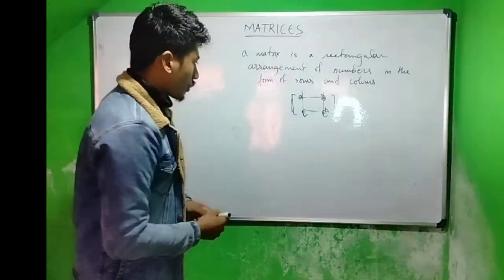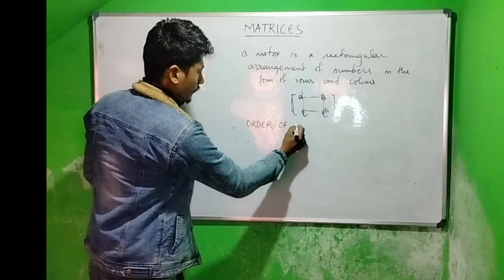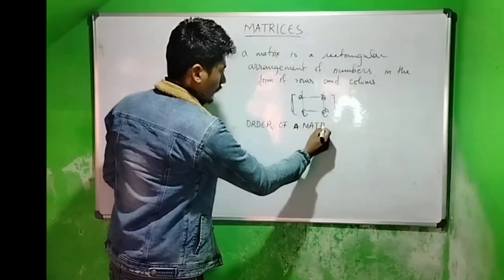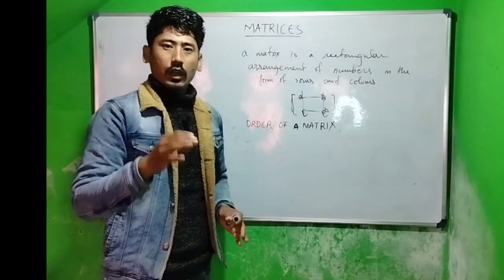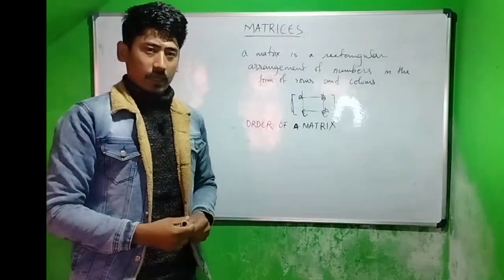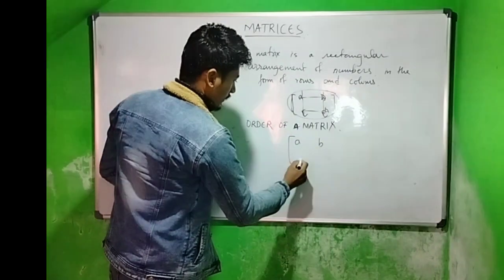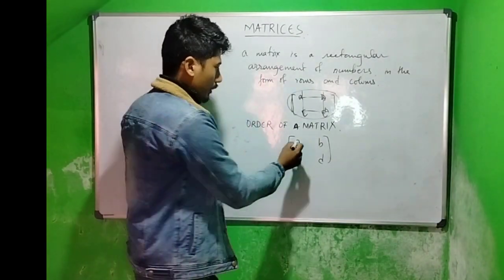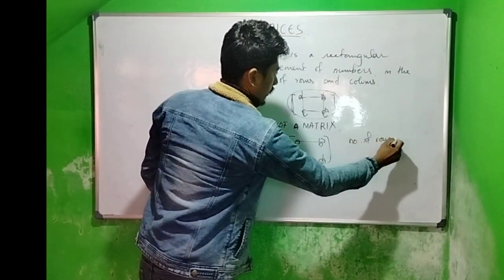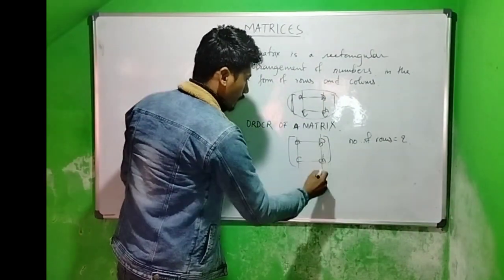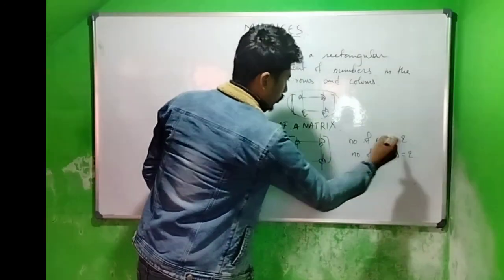Alright, so let's talk about the order of a matrix. Order is very simple. Order is none other than the number of rows and number of columns in the matrix. For example, in this matrix, A, B, C, D, number of rows is 2, and number of columns is 2.